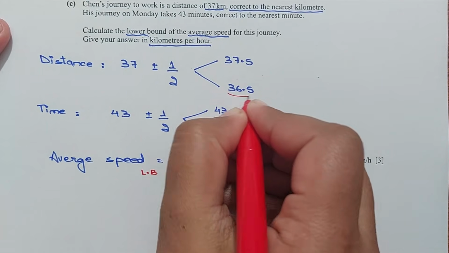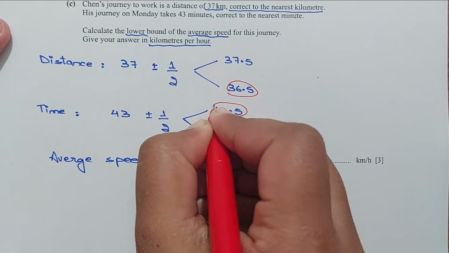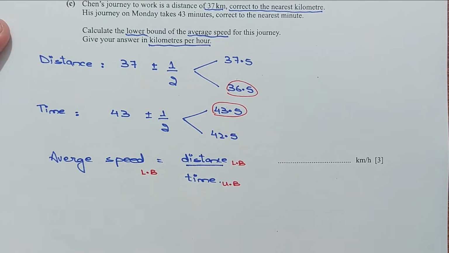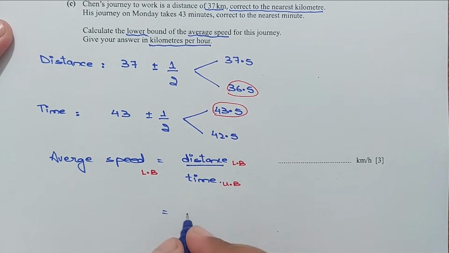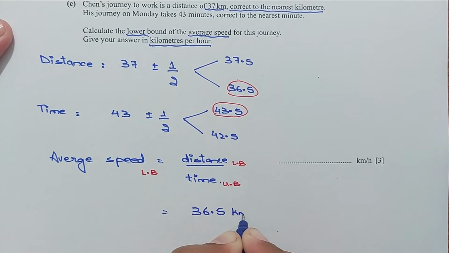So lower bound of distance and the upper bound of time, but the time should be in terms of hours, not in terms of minutes, right? So the distance we have is in kilometers, which is 36.5 kilometers, that is okay, but we have to convert the time in terms of hours, right? So we have it given in minutes.